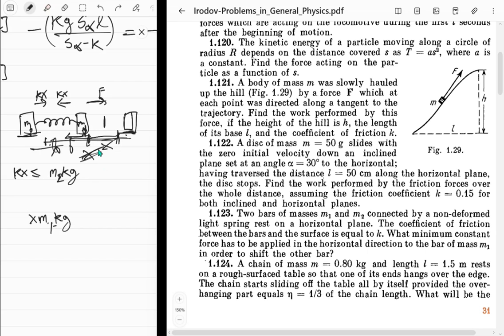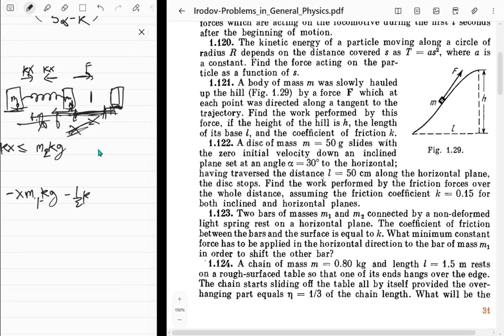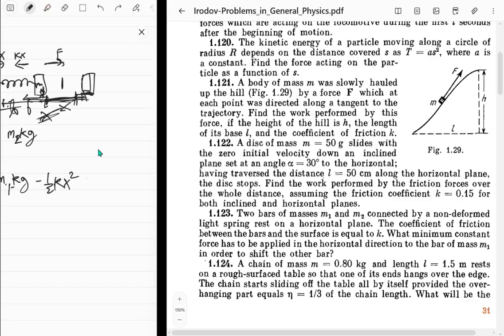Wow, this is weird. Okay, so when it reaches that extreme position, X amount of work has been done. Friction has done this amount of work, actually negative, of course. Then this spring has done some amount of work, half kx squared, negative on this guy. This force has done some work, so F times X has to be equal to 0, because over here its velocity is 0.